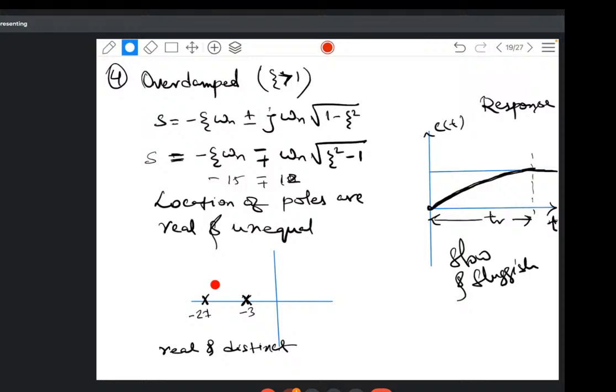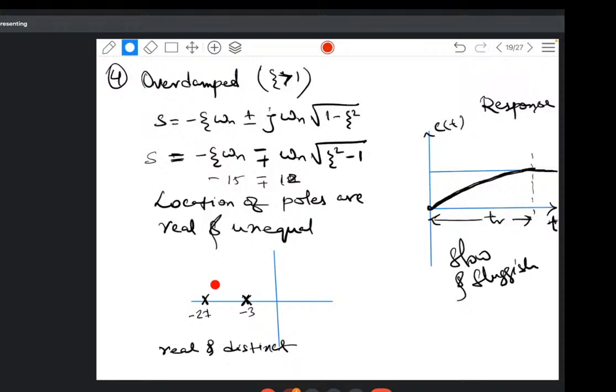Indrani has replied. Is there any doubt till now? Understood. Ritvik. Okay.